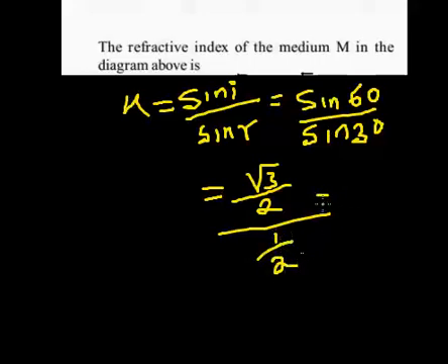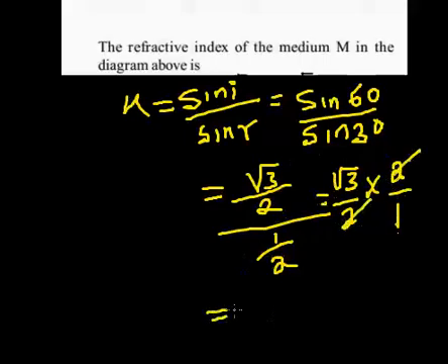So root 3 over 2 times the reciprocal, 2 over 1. The 2s cancel, so the refractive index I'm looking for is the square root of 3, which is 1.5. Please take note of this, very important.